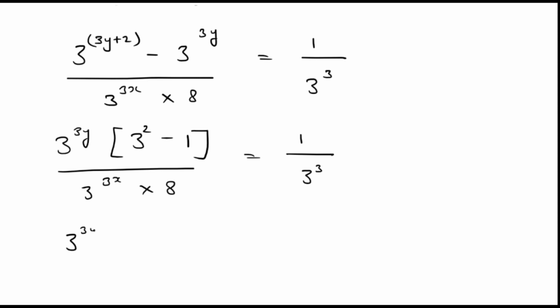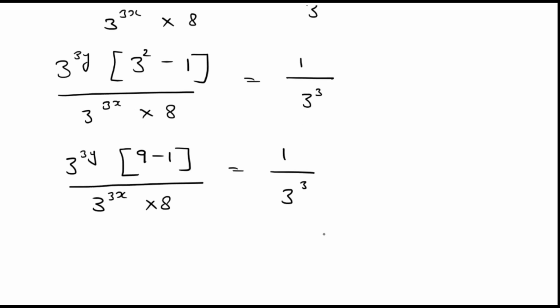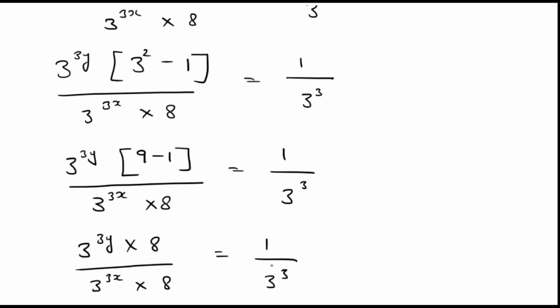So 3 to the power 3y and 3 square is 9. So 9 minus 1, divided by 3 to the power 3x into 8 is equal to 1 divided by 3 to the power 3. This will become 3 to the power 3y into 8 divided by 3 to the power 3x into 8 is equal to 1 divided by 3 to the power 3.